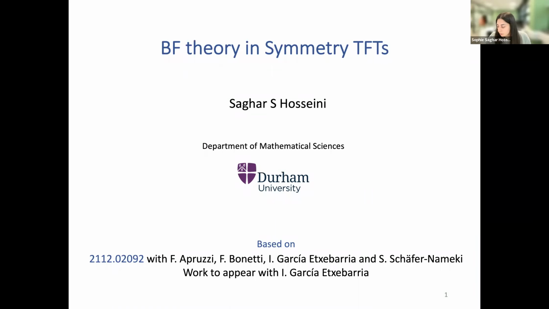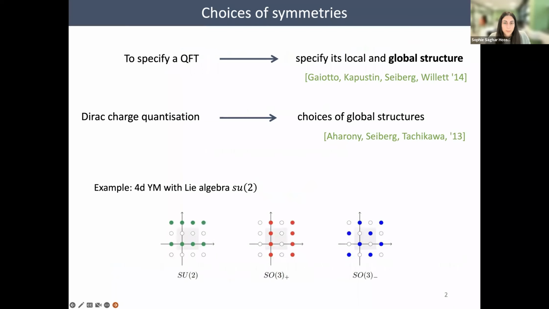So we know that in order to specify a quantum field theory, it is not enough to just know its local operators and their correlation functions, but we also need to know what extended operators are in the theory and what symmetries these extended objects have.